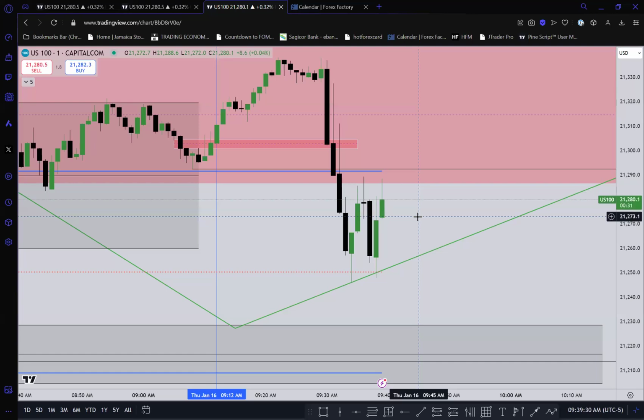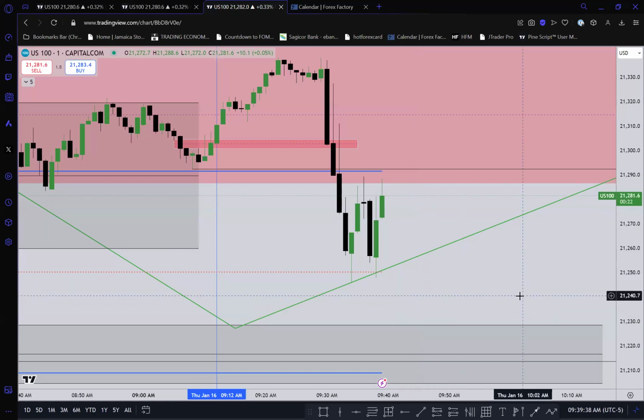Probably some wiggles on the M5 chart. M5 retracement, probably. But my buy is going to come from down here, so I don't mind waiting patiently for that.